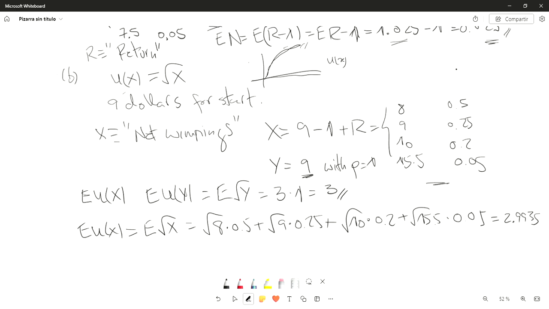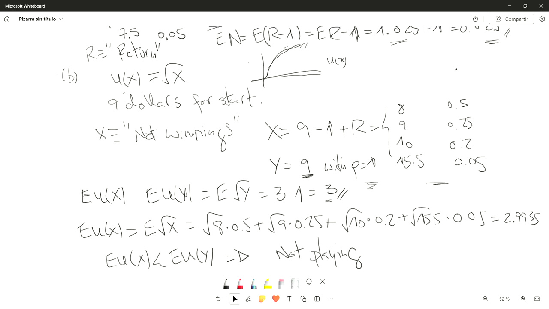So we conclude that the expected utility for x is less than the expected utility for y, which means that he would rather not play. So that would be the outcome: not playing.